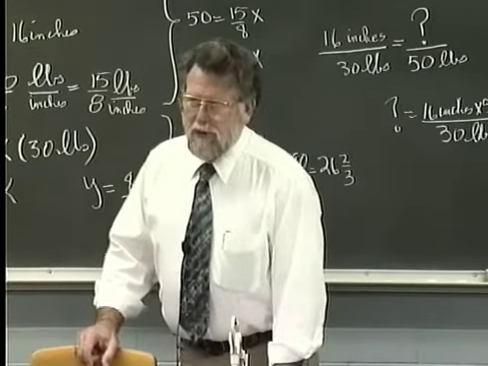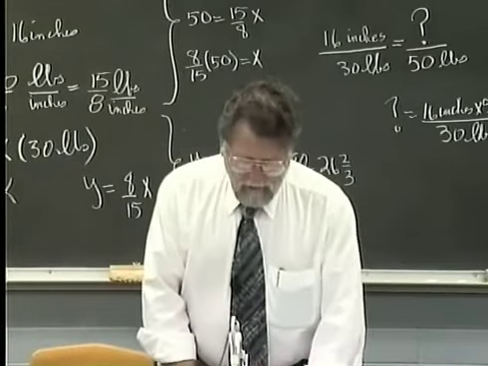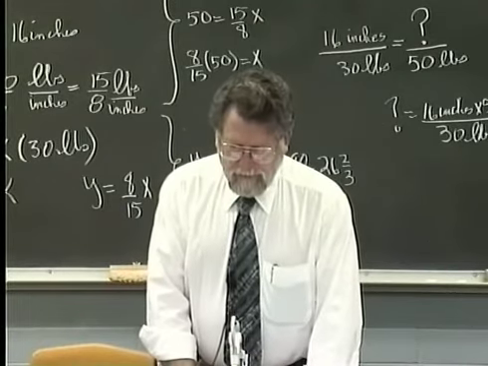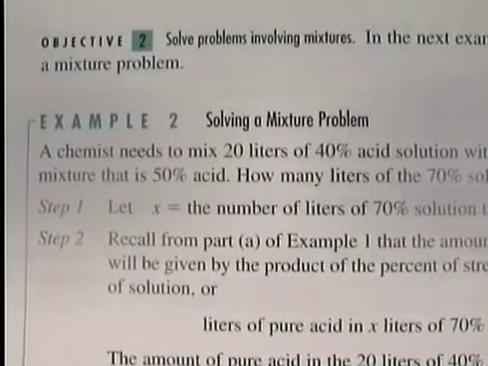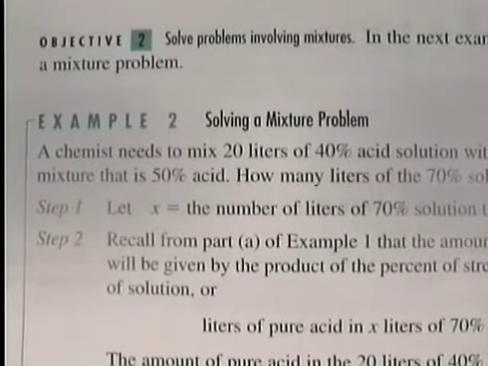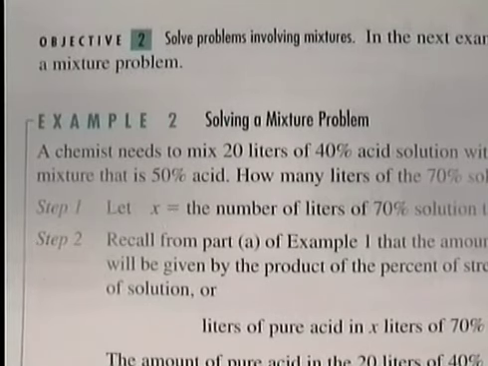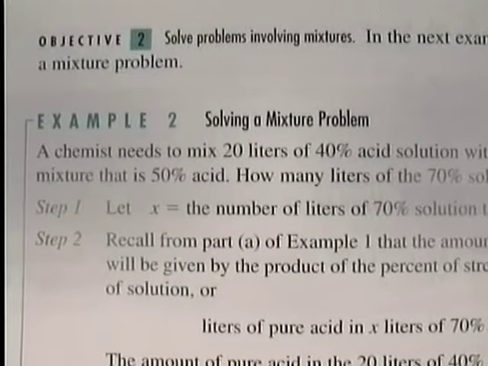Mixture problems. 136. This is example 2. I'm going to try to put this in a little better category here for a moment. But you start with the idea that a chemist needs to have 20 liters of a 40% acid solution.